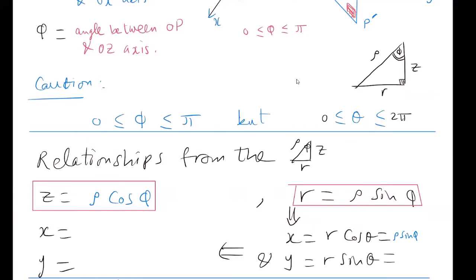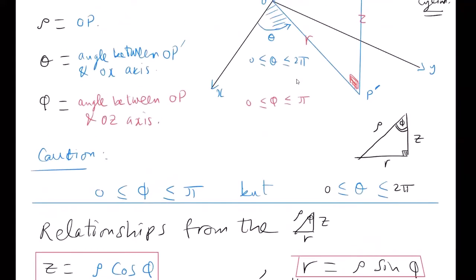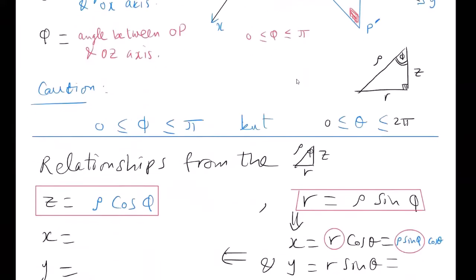Again, R is rho sine phi. So we replace R with rho sine phi and then multiply by this cosine theta. Why? R cosine theta is known from polar and cylindrical coordinates.